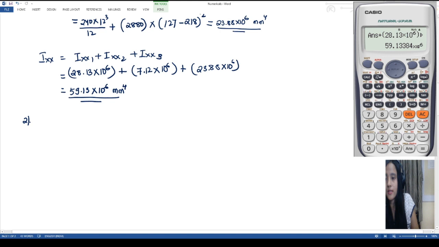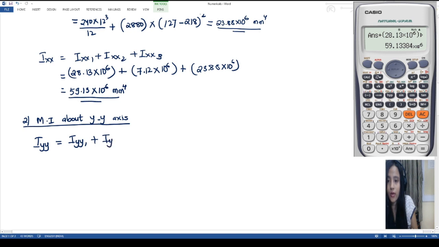Now second, I want to find the moment of inertia about the y axis. To find it about the y axis, I can directly find it. Iyy will be equal to Iyy1 plus Iyy2 plus Iyy3.